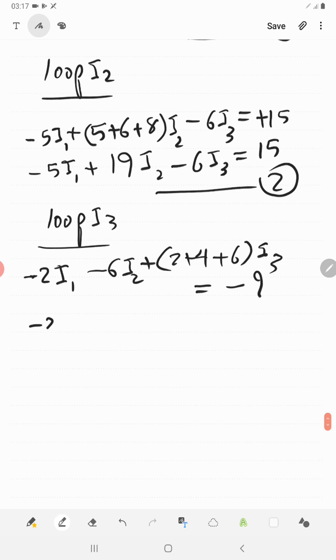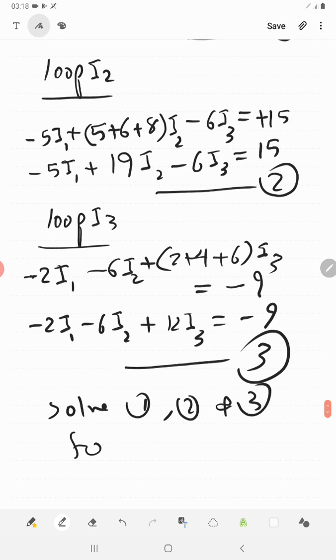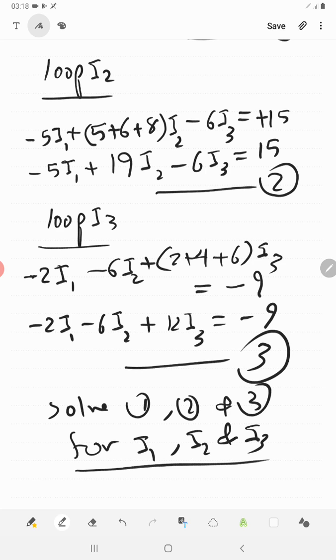So we have minus 2 I1 minus 6 I2 plus 12 I3 equals minus 9, and this is equation 3. So solve 1, 2, and 3 for I1, I2, and I3.